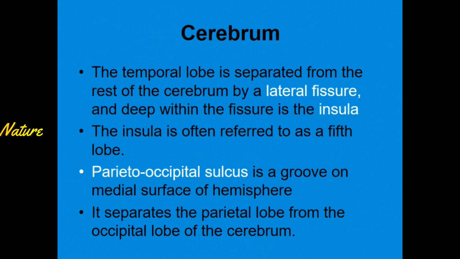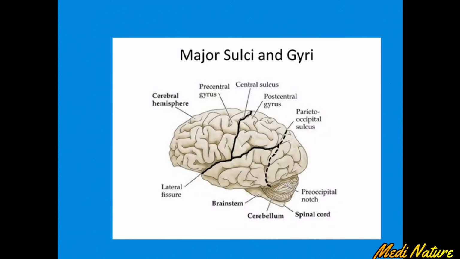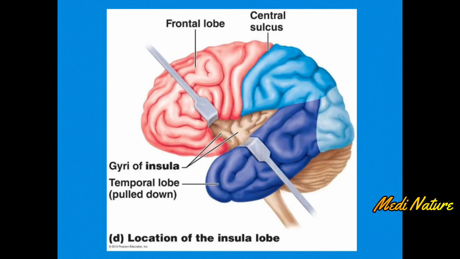It separates the parietal lobe from the occipital lobe of the cerebrum. In this image, you can see the central sulcus, the lateral fissure, and parieto-occipital sulcus. In this image, you can see the location of insula, which is referred to as the fifth lobe of the cerebrum, underneath the lateral fissure.